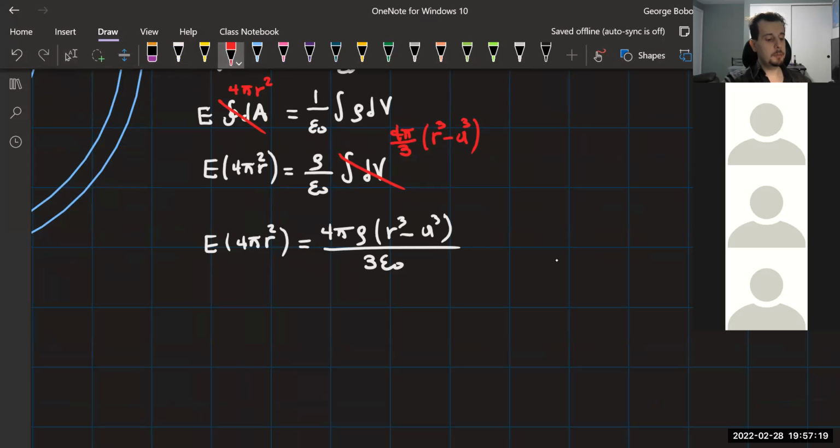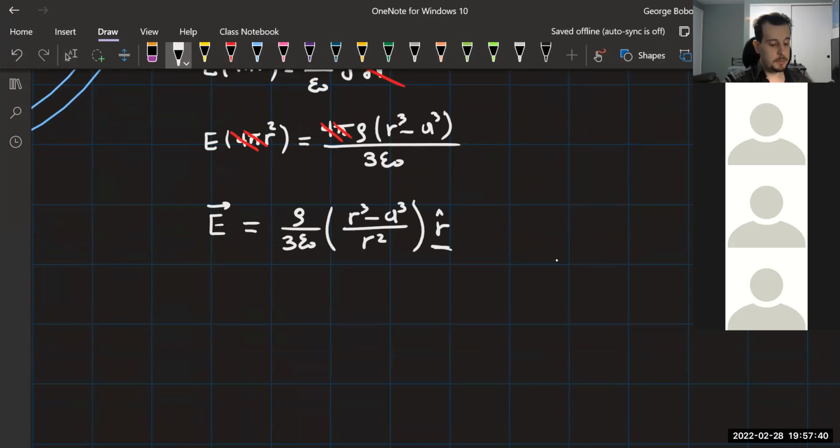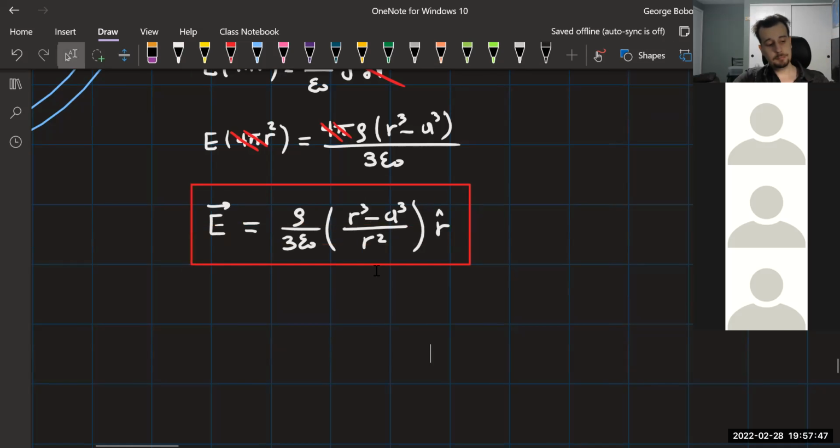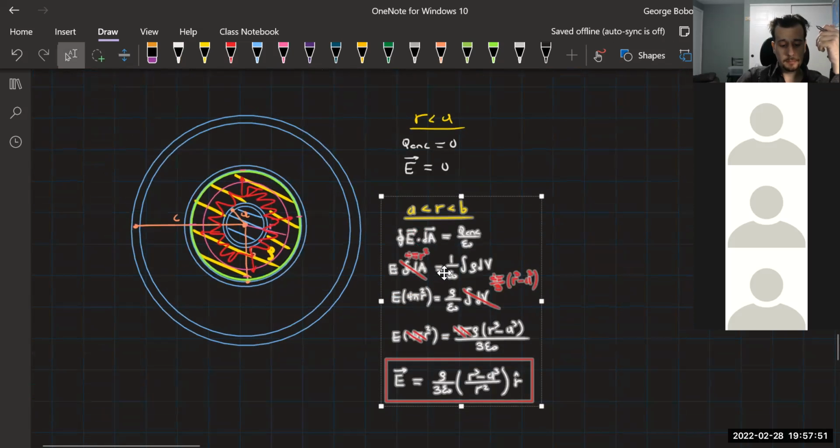And of course, some of these things drop, and we basically get the electric field now. It's going to be rho over 3 epsilon naught, times R cubed minus A cubed over R squared, and this is all in the R direction. That's the electric field in that region, between A and B.